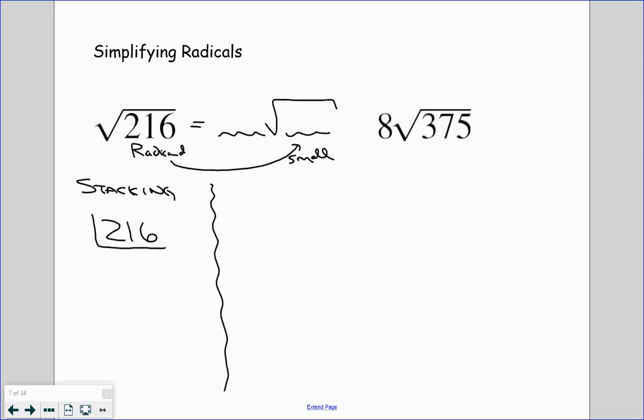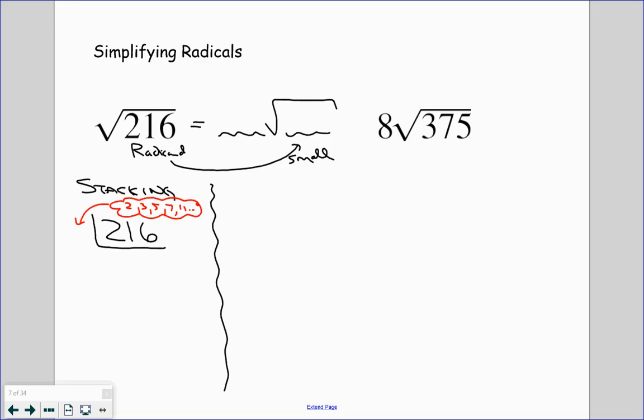Now, there's one caveat with stacking. What kind of numbers can you only use here? Prime. So your prime numbers are 2, 3, 5, 7, 11. Okay? So I'm not allowed to divide by 8 or by 10 or by 25. Those are not allowed. Okay?